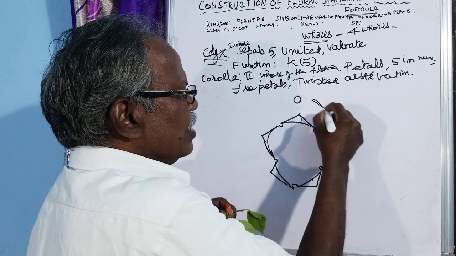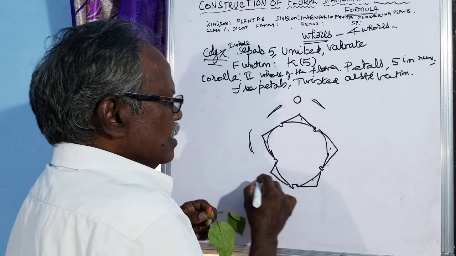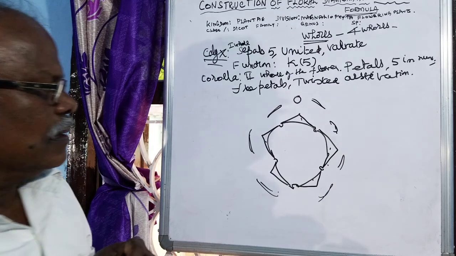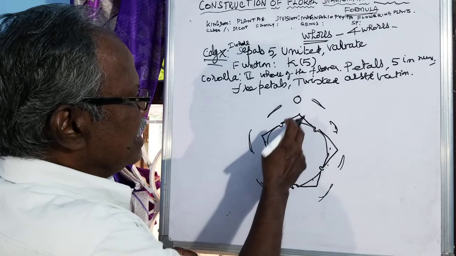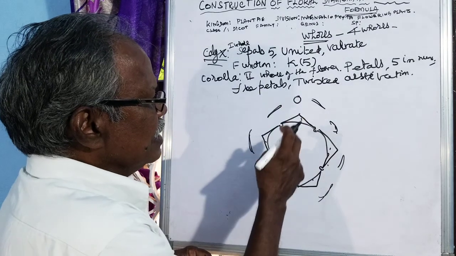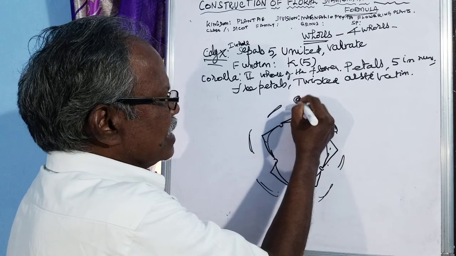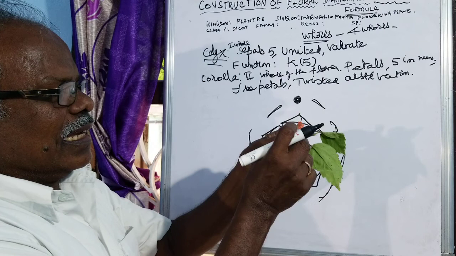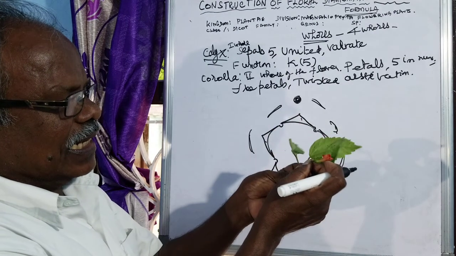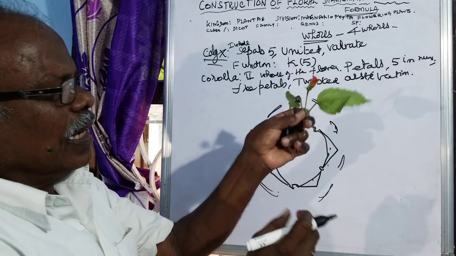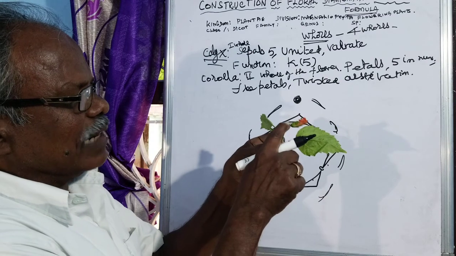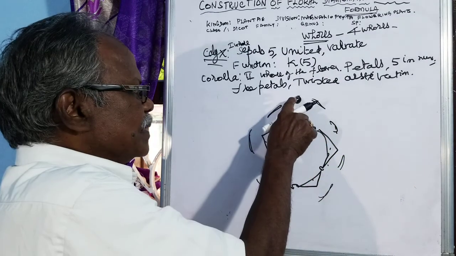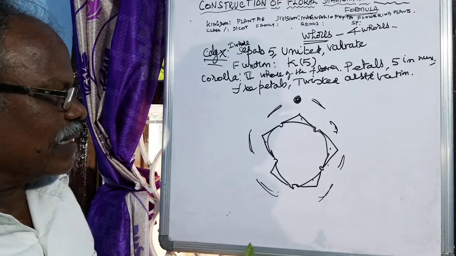This is bracteolate. So like that we have to mention all the things. Now we have mentioned the calyx and mother axis. This is called mother axis. Mother axis is nothing but where it is fixed to the shoot. The pedicel is called mother axis. That is represented by this one. That is the ventral part of the flower.